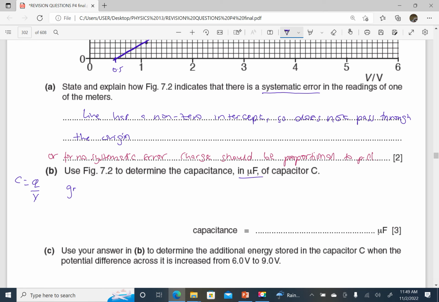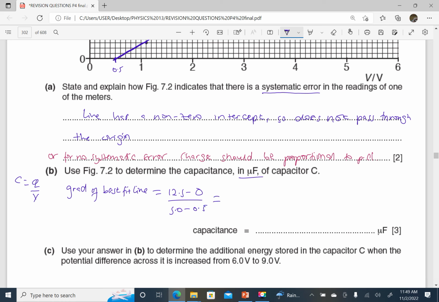So the gradient of the line of best fit is going to be 12.5 minus 0 on the vertical divided by 5.0 minus 0.5 on the x.